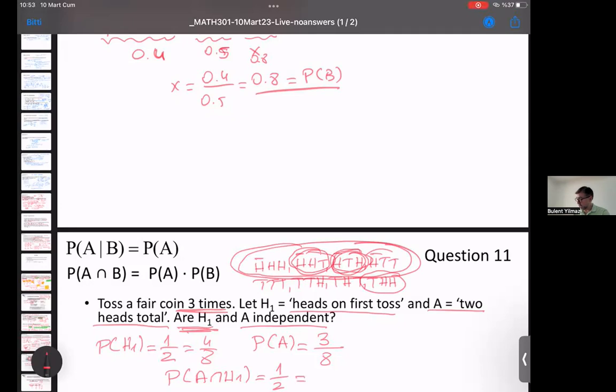Then I will check whether probability of A times probability of H1 is equal to that. So 1/2 times 3/8? They are not going to be equal. So these are not independent. Okay, is this clear? I did it very fast. Sorry for that.